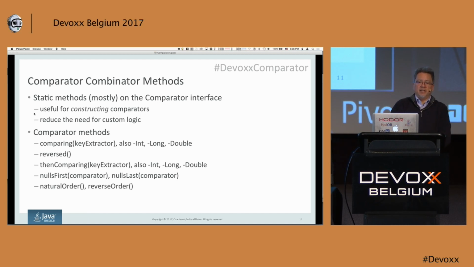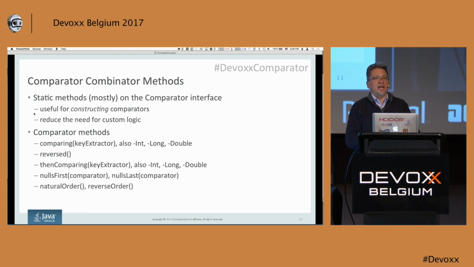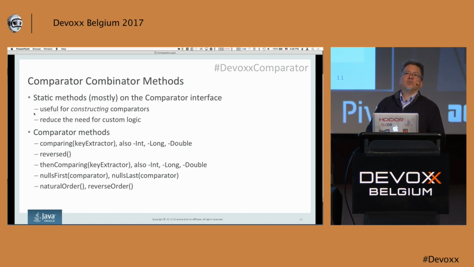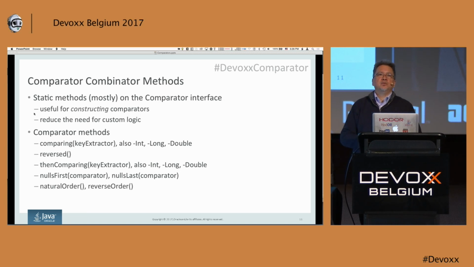I'm not going to describe them right here, but basically we have this thing called comparing, which takes a key extractor and also will compare ints, longs, and doubles. We have something called reverse that will take a comparator and return a comparator that's the reverse operation. There's something called thenComparing, which will construct a two-level comparator for you.